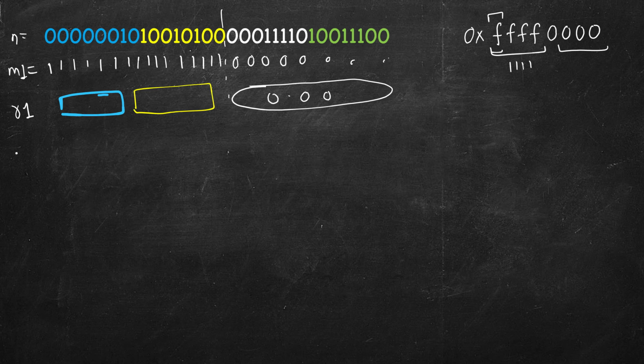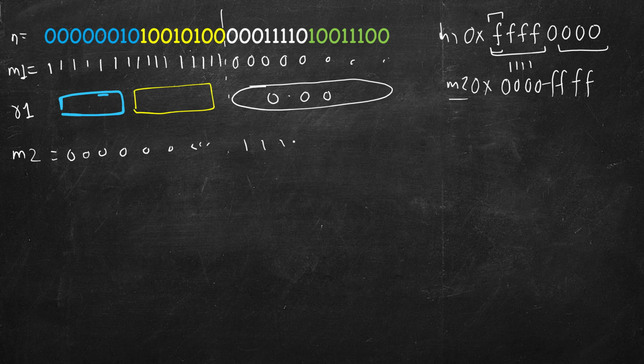Now let's write the mask 2. Mask 2 is this one, 0x0000FFFF. So this is M1, M2, 0000, then 1111. So result will be the AND with n.